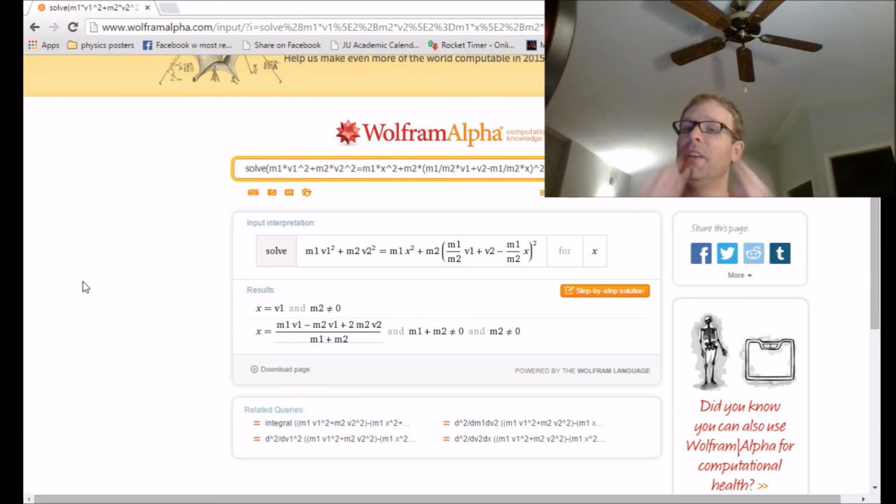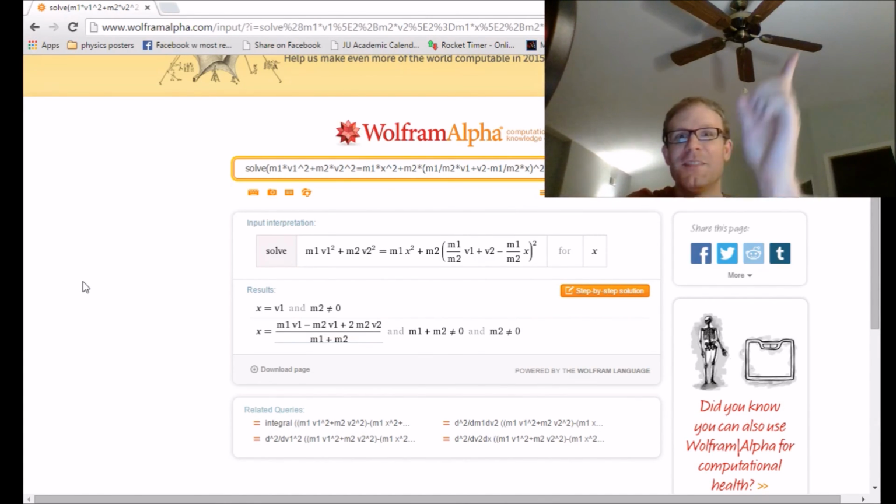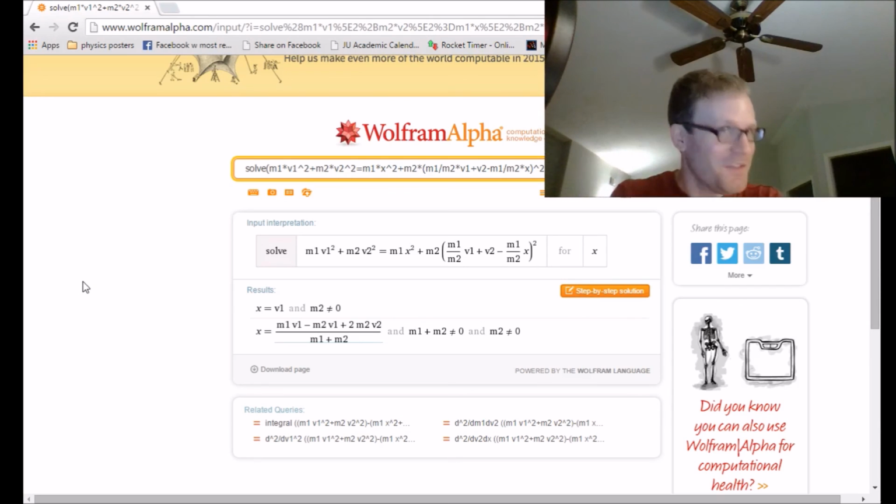So according to the equations, it is physically possible for mass 1 to continue on with the same velocity it had before, and M2 would too. Basically the two things pass through each other. Physically, we know that's not what happens, so we don't choose that solution.